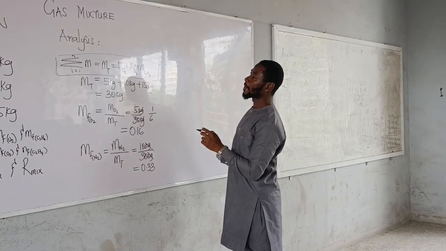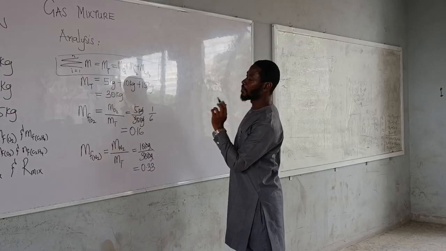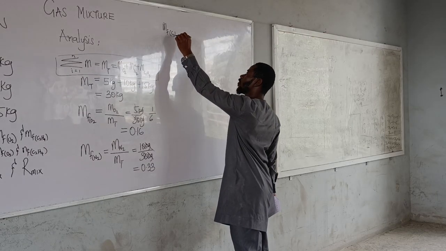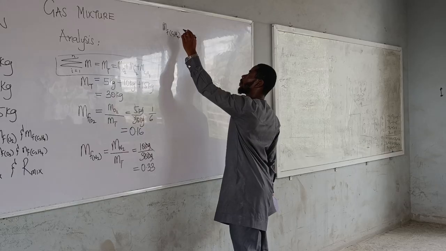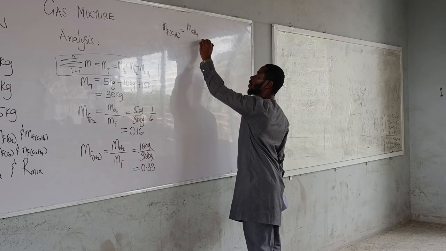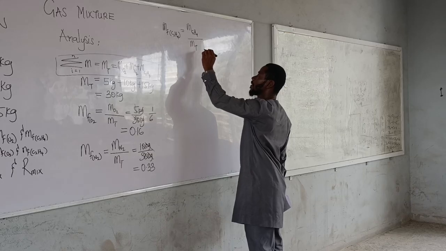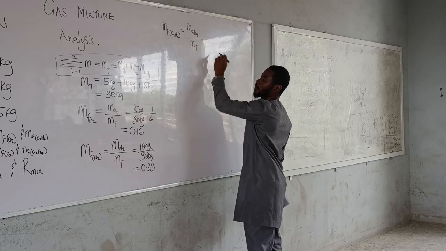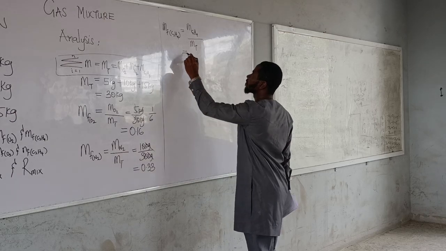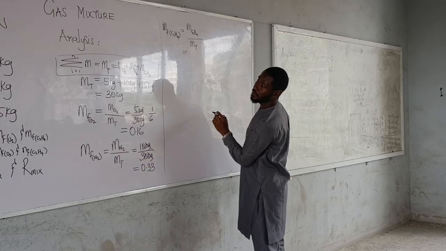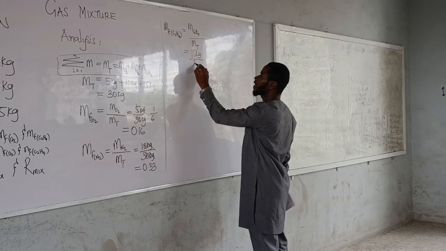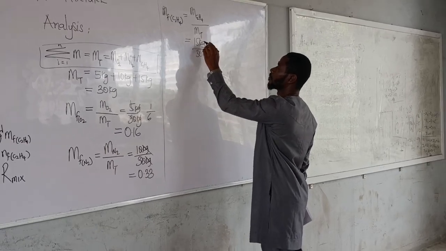And lastly, for the mass of C2H4, mass of C2H4 divided by the total mass of the mixture, which is given as 15 kg divided by 30 kg.